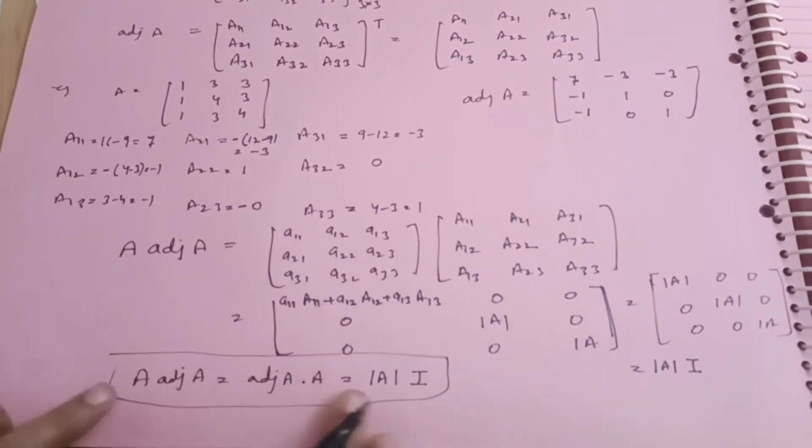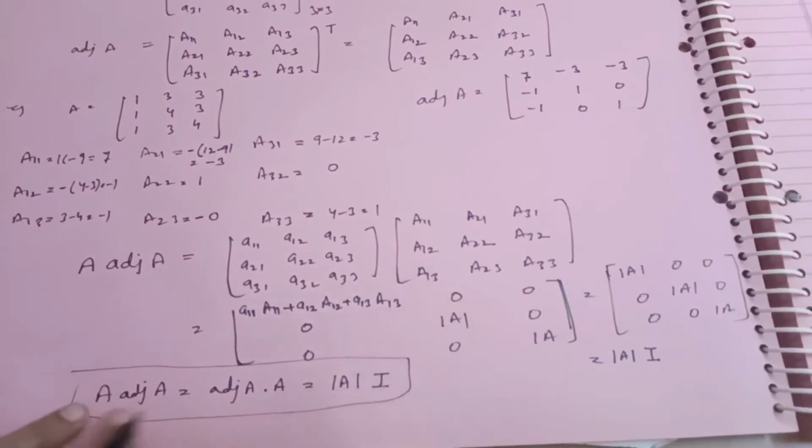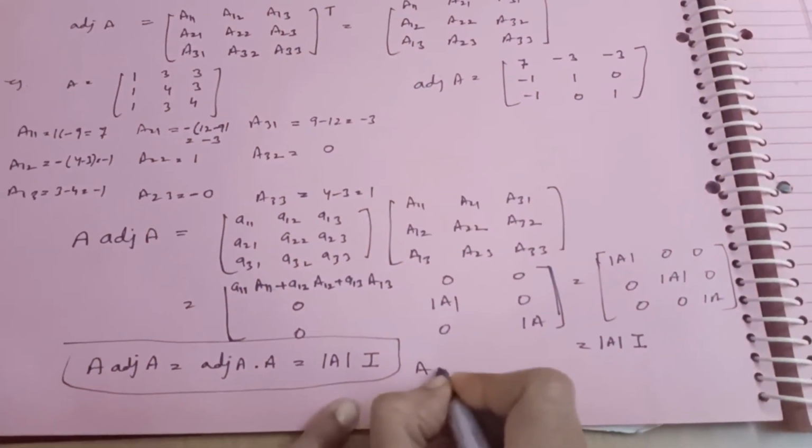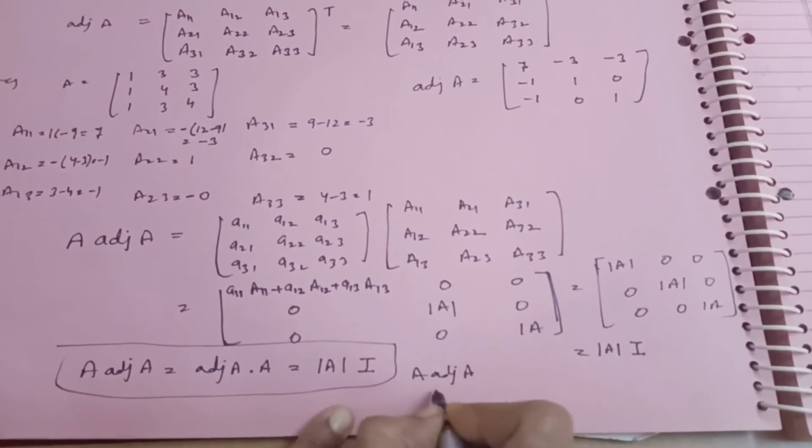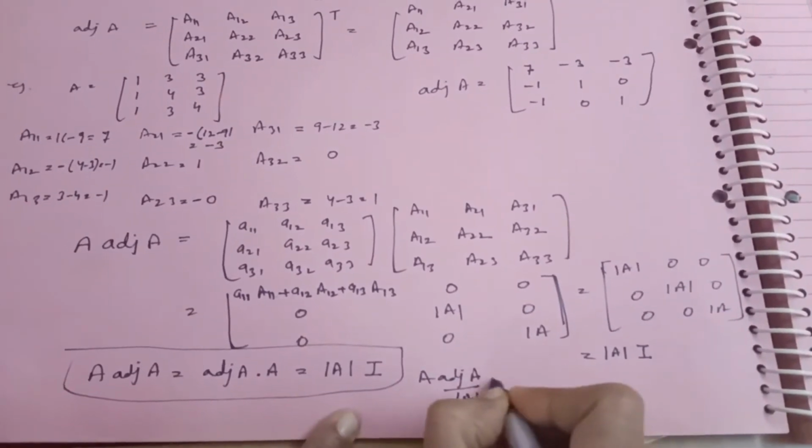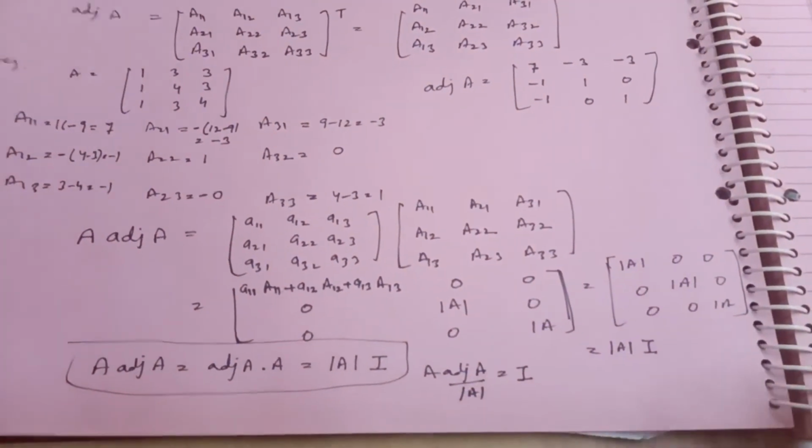Okay, and by this we conclude, if I divide by determinant A, you are going to get A adjoint A by determinant A is equal to I. This is very important.